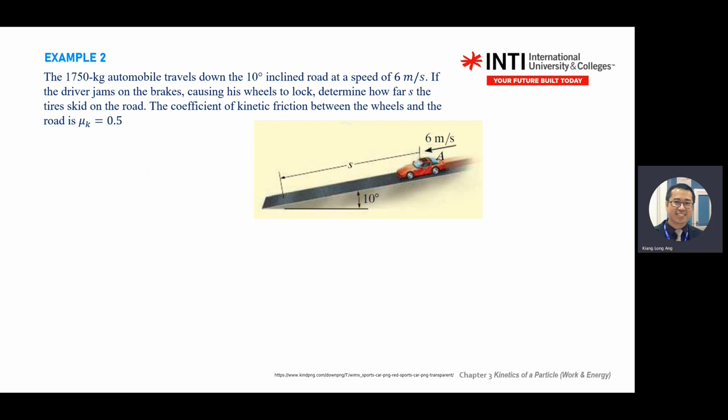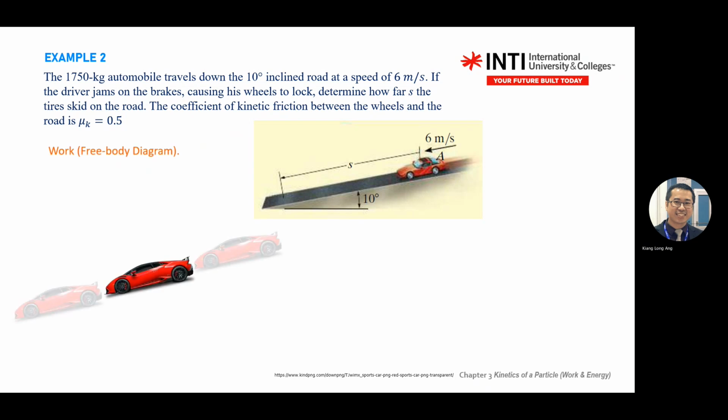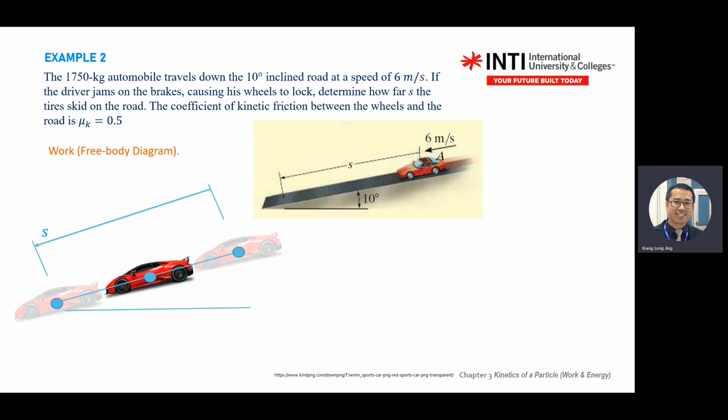Draw the free body diagram. Draw the axis. I draw the floor first, the floor axis, then the distance traveled from top to bottom, then the weight and the angle.